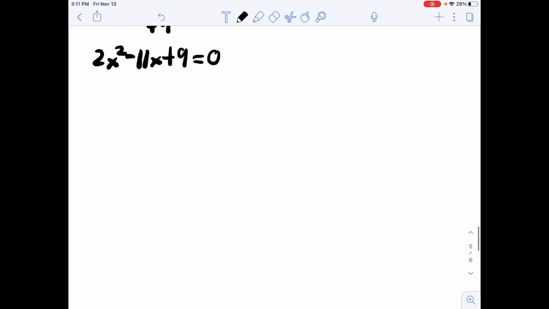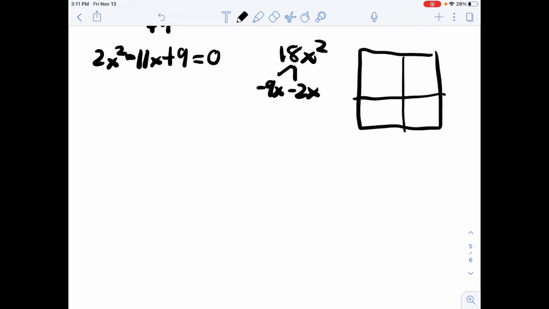Now, I explained in our other video how to factor ugly trinomials. Well, guess what? We're going to do the same thing here with this trinomial. So we're going to multiply the first and last term. 18x squared. Those factors that add to negative 11 are negative 9x and negative 2x. And they multiply to 18x squared. And we're going to do our square diagram here. 2x squared, 9, negative 9x, negative 2x.